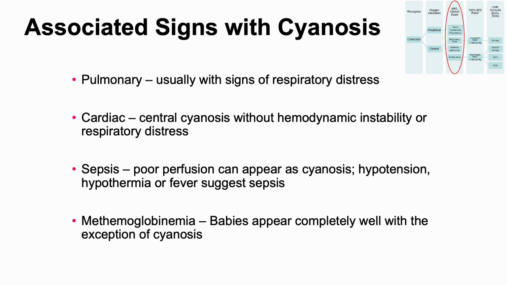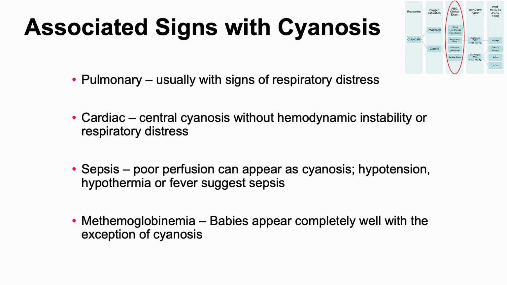So the next step that you do once you know that this seems to be central cyanosis, you go looking for associated signs. Is this the lungs? So you're looking for a patient in which the cyanosis is associated with signs of respiratory distress. Is this cardiac?